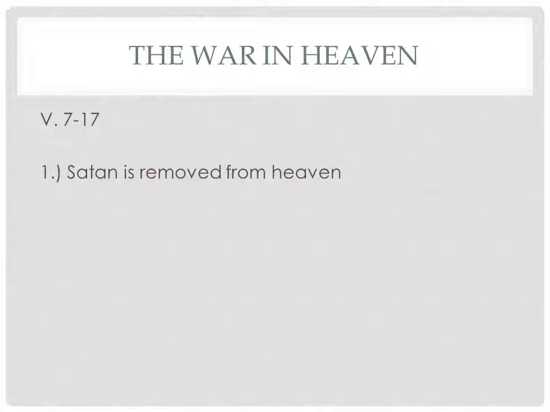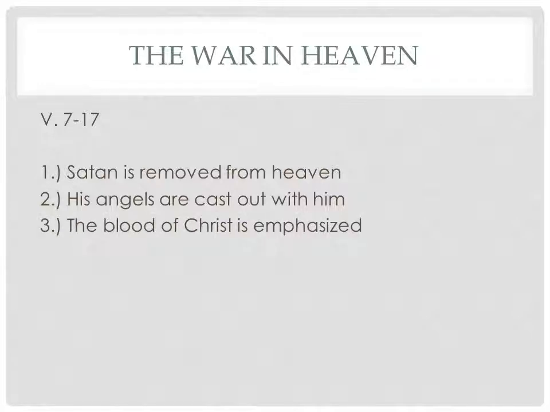And I heard a loud voice saying in heaven, "Now is come salvation and strength and the kingdom of our God and the power of his Christ, for the accuser of our brethren is cast down, which accused them before our God day and night." So Satan is removed from heaven, his angels are cast out with him, and the blood of Christ is emphasized as being key to the victory that's being described here.